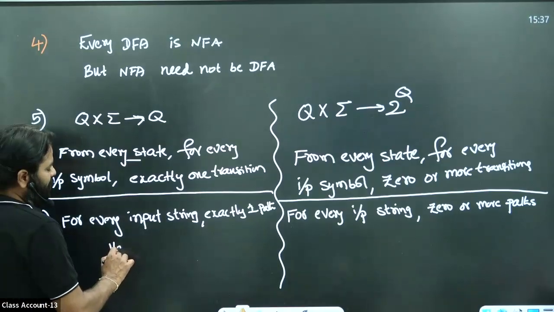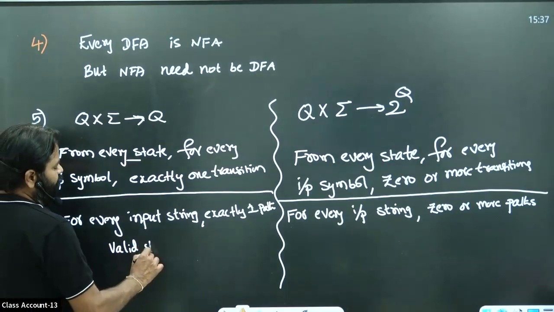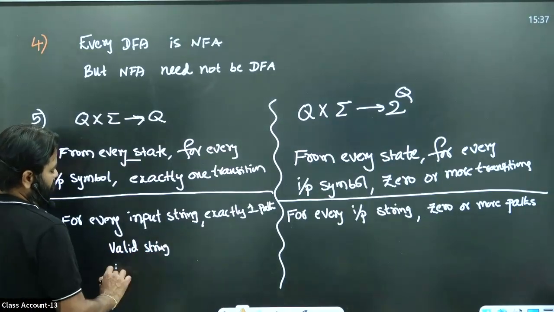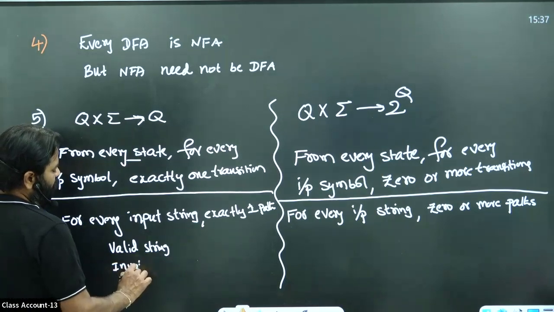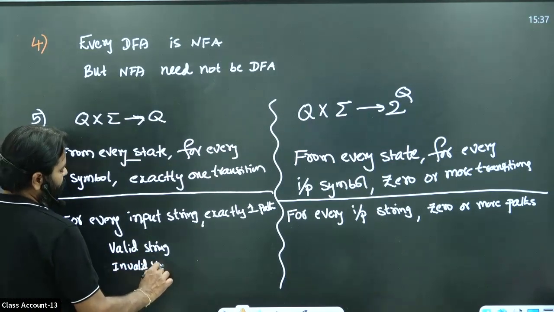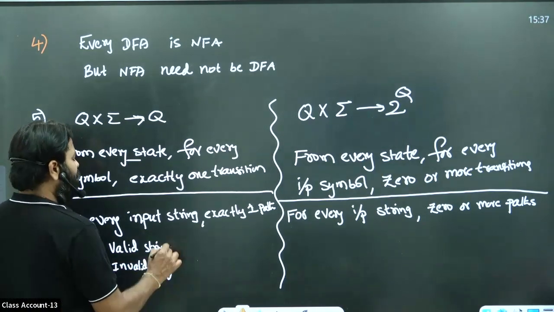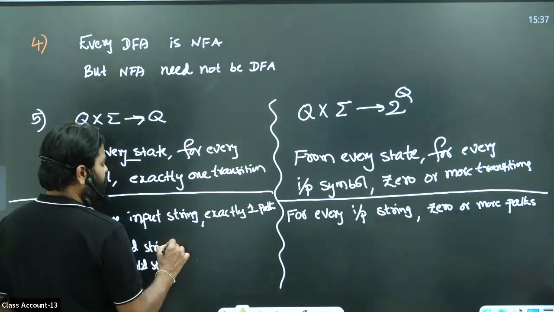Here, if you take a valid string, it will have only one path that halts at final.